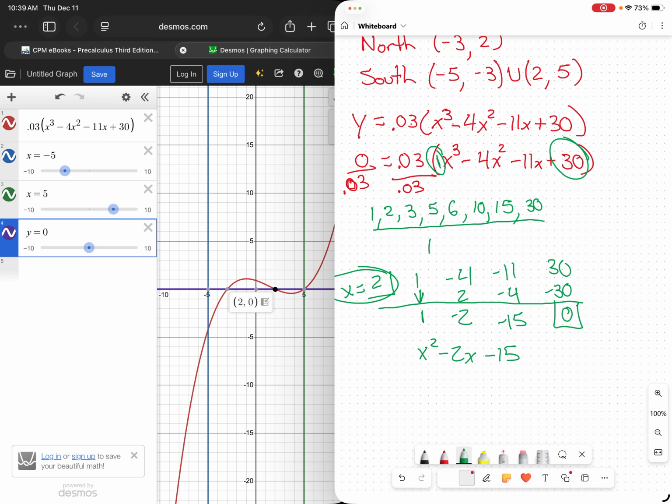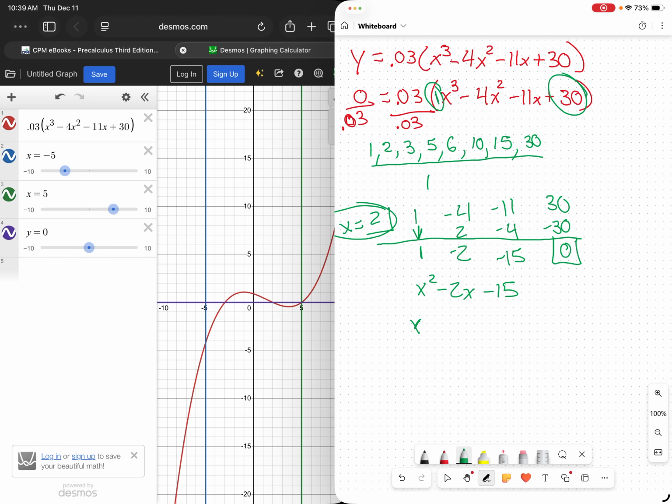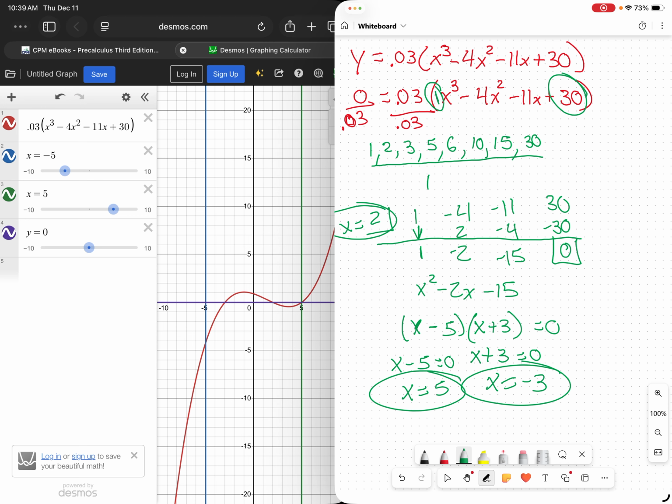Well, we can factor this. Factors of 15 that subtract to 2 are 5 and 3, so negative 5 and a positive 3. Again, we set these equal to 0, and we get x equals 5 and x equals negative 3. So we get our 3 zeros by doing that algebraically.